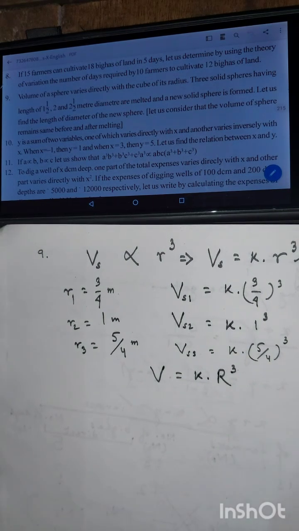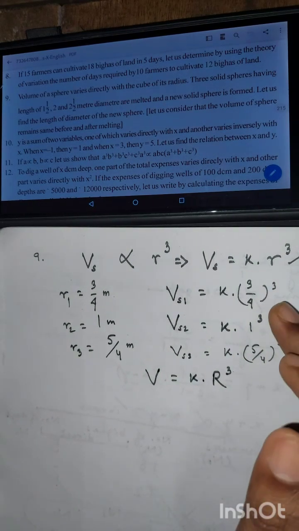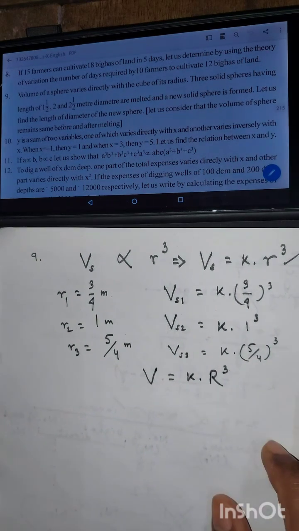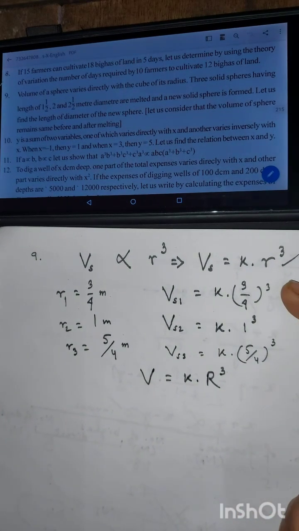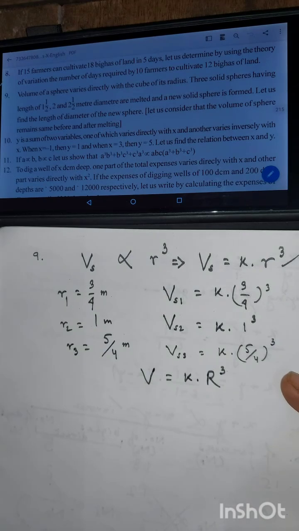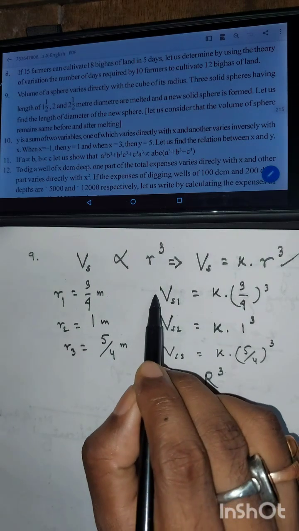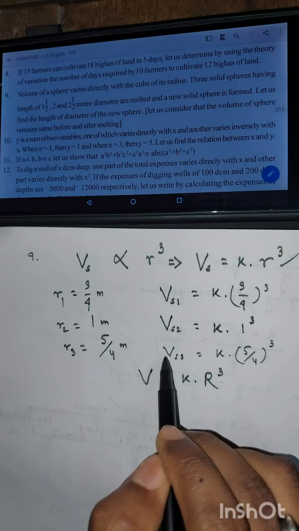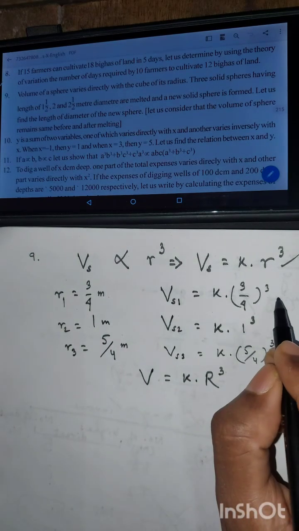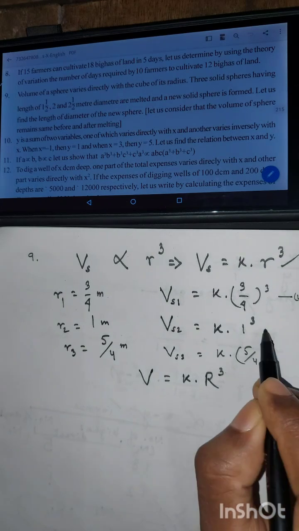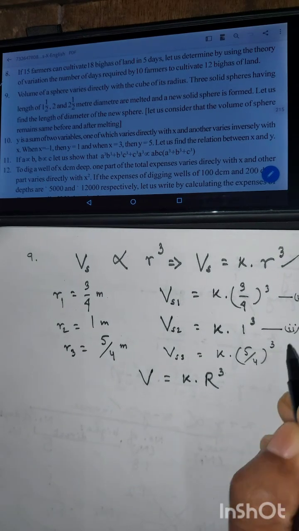Now we have these four equations. And let us first add these three equations. So let us add 1, 2 and 3.